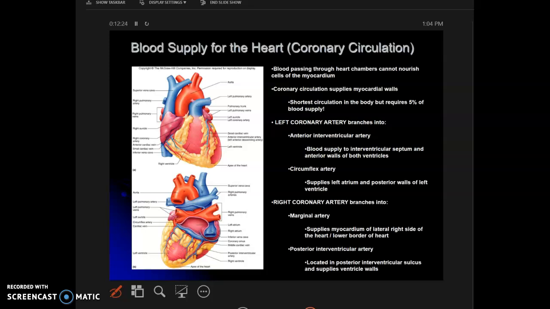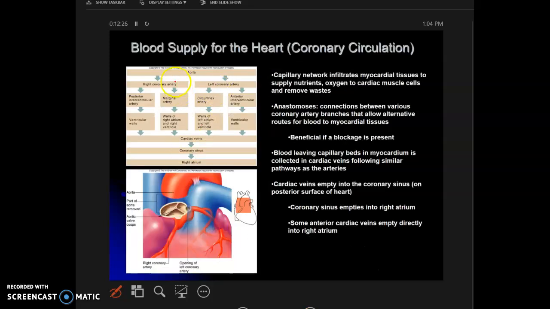Blood supply. So I'm going to jump on to this because it explains it very well. So here from the aorta. Now, one second. What I said was that this is a coronary circulation. So along with pulmonary, along with systemic, there's coronary circulation. So the heart is a muscle, and for a muscle to contract, you have to have what? You have to have ATP.